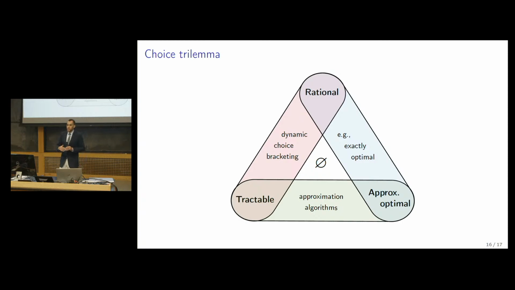Either you can be approximately optimal according to your true objective, or you can be rational in the sense that an outside observer looking at your choices would be able to rationalize them. For my part, I would probably care more about being approximately optimal according to my true objective, and so reasonably a decision maker might make choices that do not appear rational.